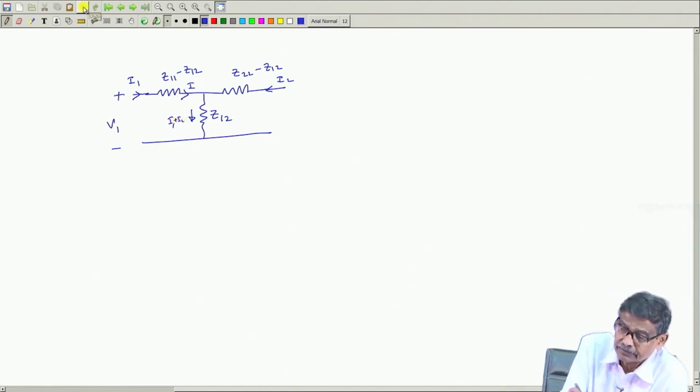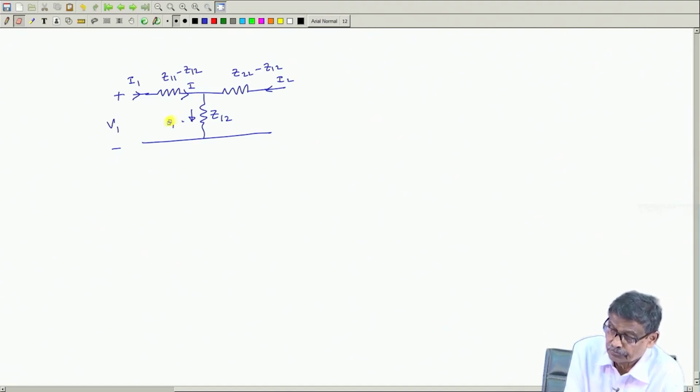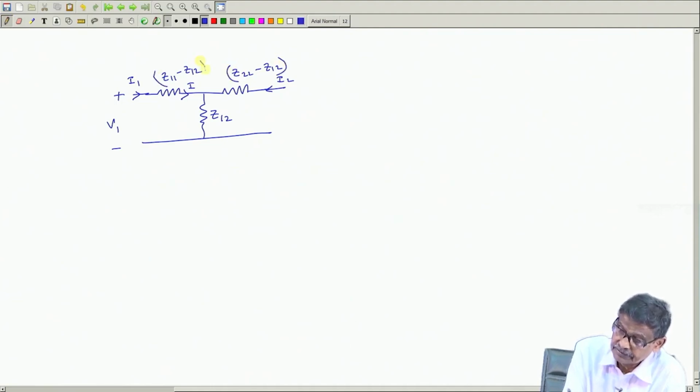We have seen that. Let me not put too many things here, and all the parameter values are known, this, this and this.